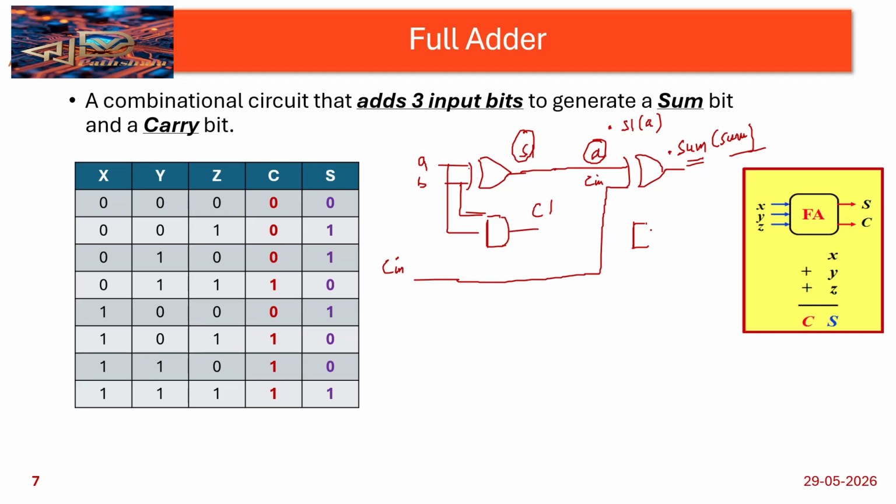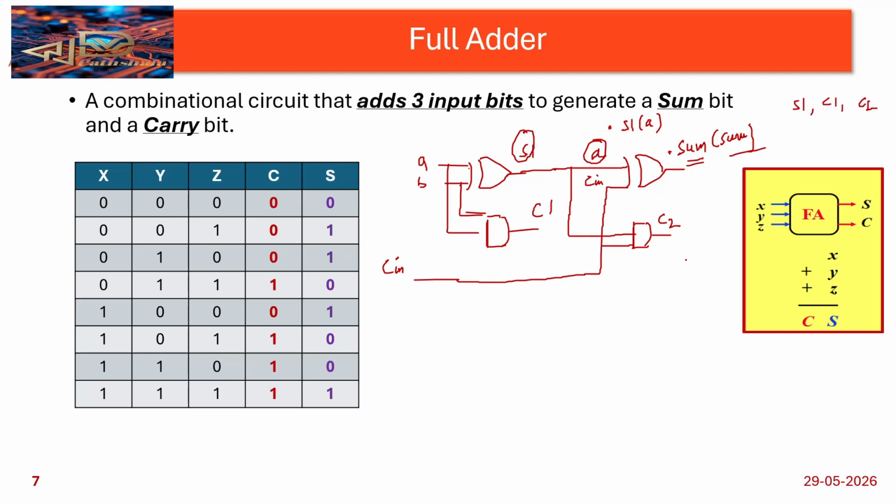Then this is the other carry, connected to S1 here. And since Cin is already connected to this one, this is called C2, carry 2. Because S1 is sum 1, C1 is carry 1, C2 is carry 2.